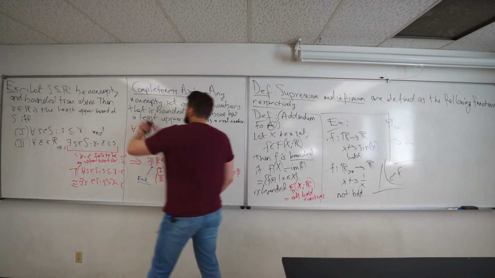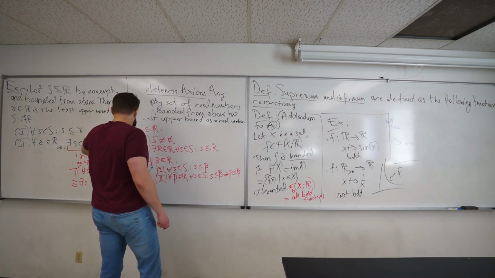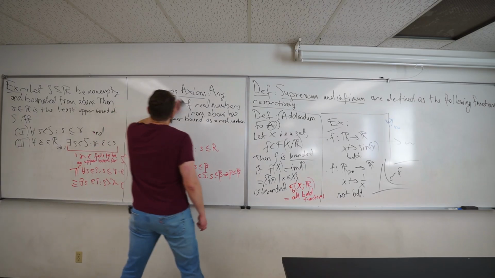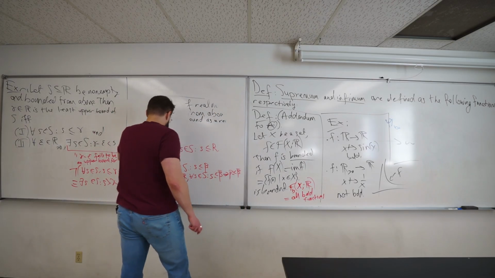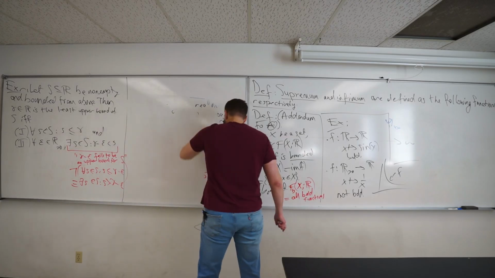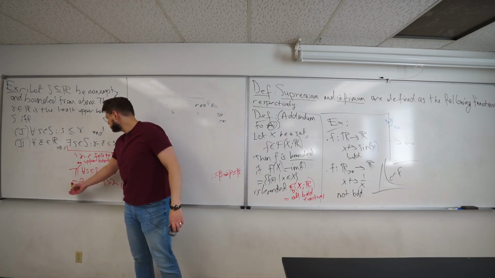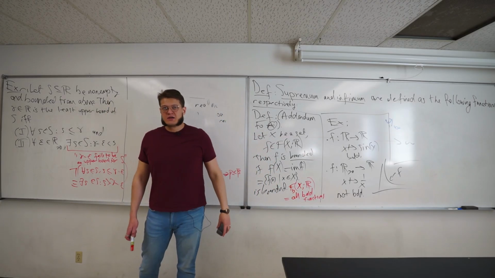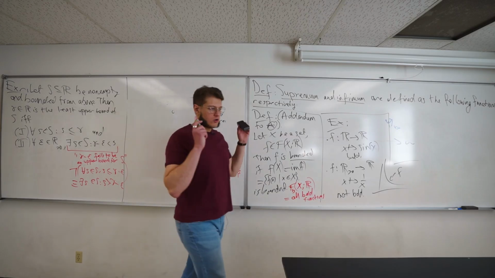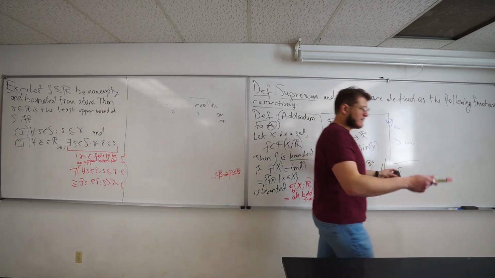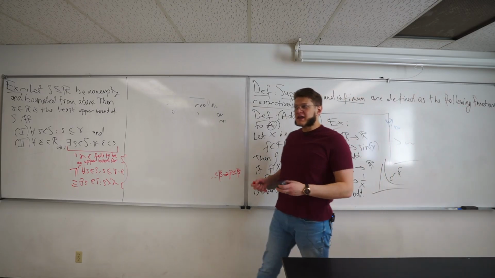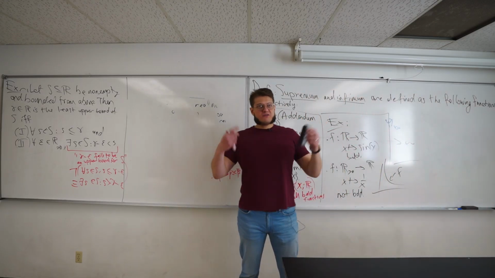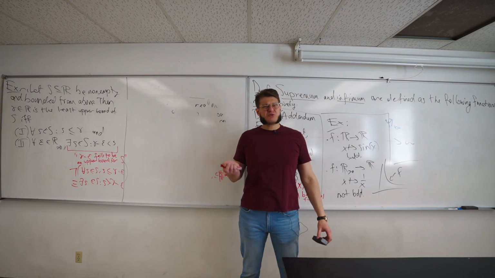And in fact, at this point, I can erase this as well, I think. By the way, I'll mention more about this negation later. Because typically what we're going to do is, we're going to say, let f be a continuous function. And then I'm going to say blah, blah, blah, implies that f is in fact discontinuous. Then you're going to have to think about what it means for a function to be not continuous.